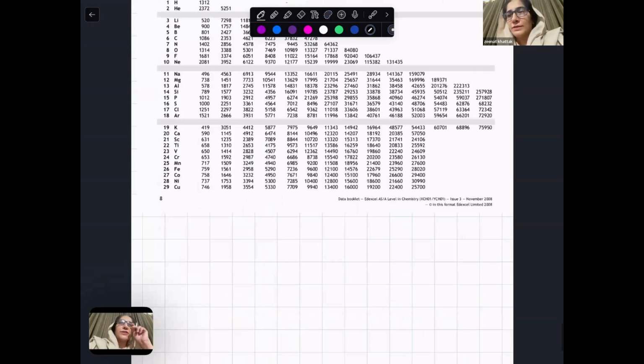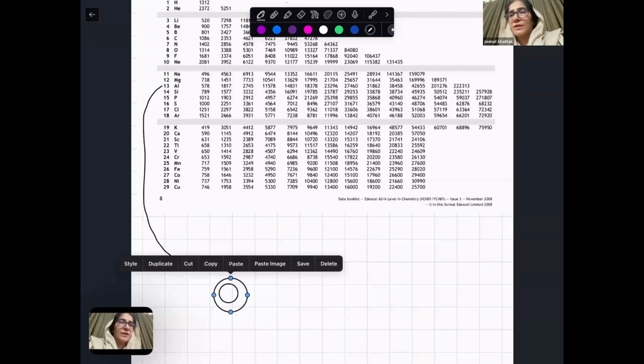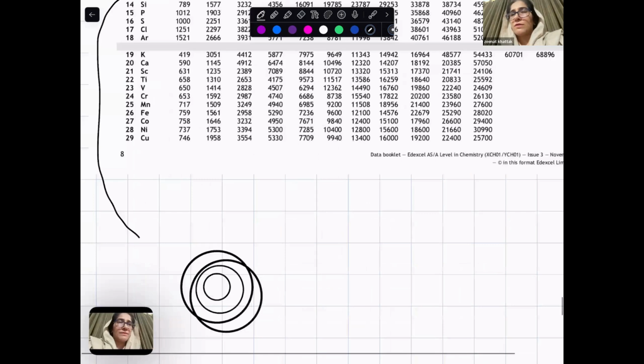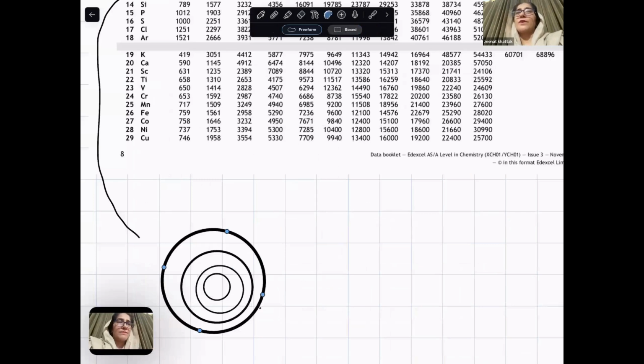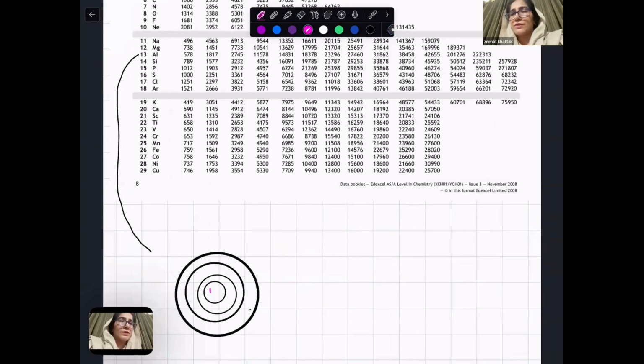This is the nucleus, then the first shell, then the second shell, and then the third shell. Aluminium is 13. The nucleus has 13 protons, and the electrons are 2, 8, and then 3.